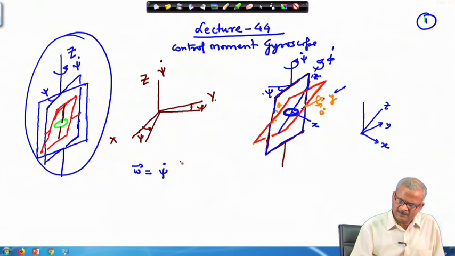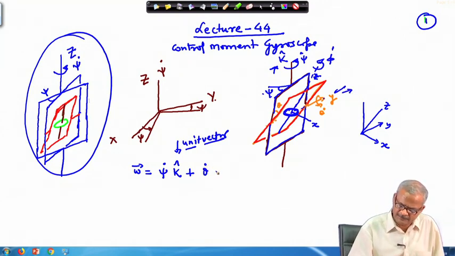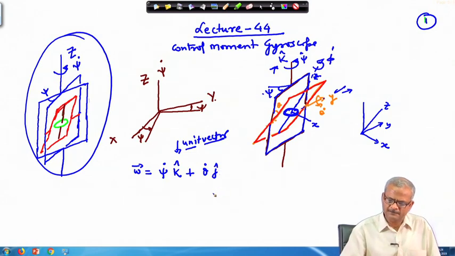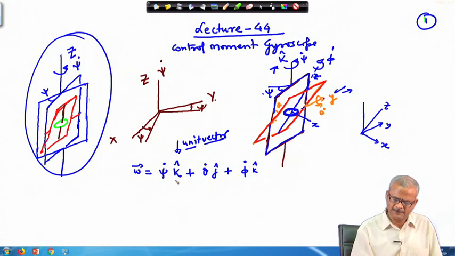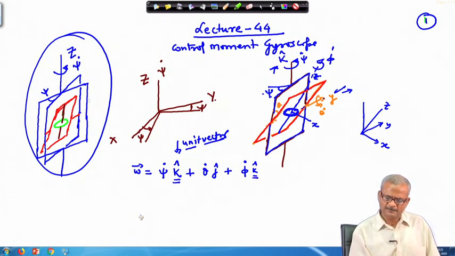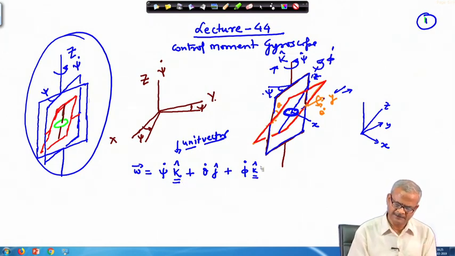So, psi dot times the capital K cap, this unit vector along this direction as shown here, plus theta dot, which is along the small y direction, so I will write it with a small j cap, and then phi dot is along the small z direction, so we write it with a small k. You can see the difference: this is capital K and this is small k. We will mark it with this difference.